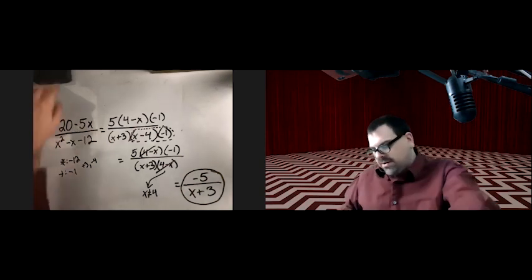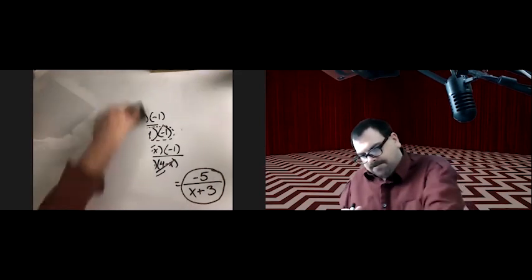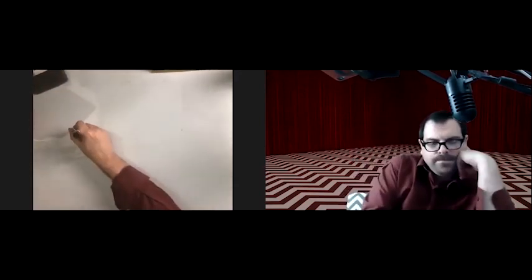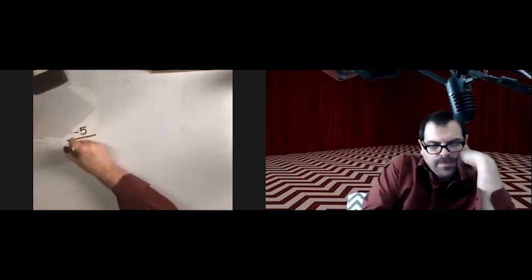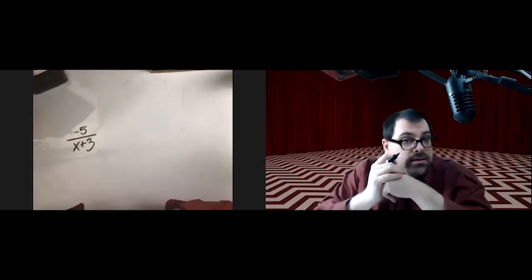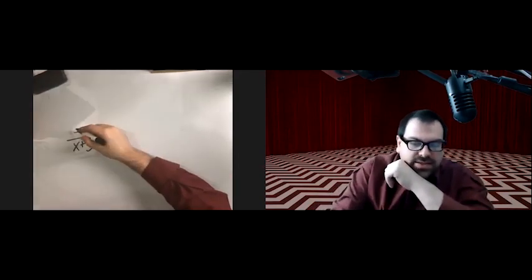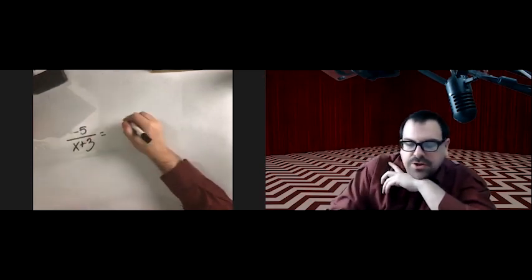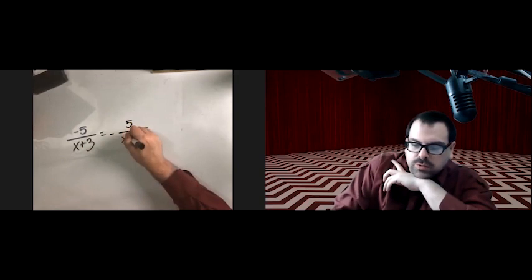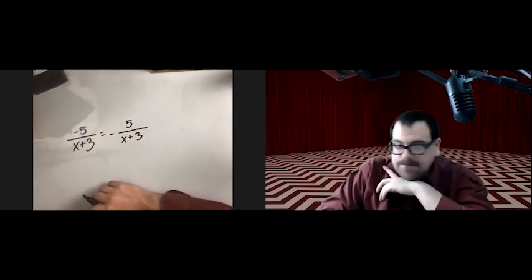Quick note about something like -5 over x plus 3. There are 3 different ways to write this. This negative on top can also be written on the outside. This would be the same as negative on the outside.